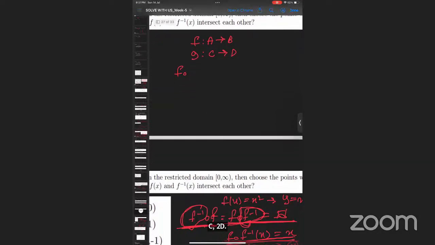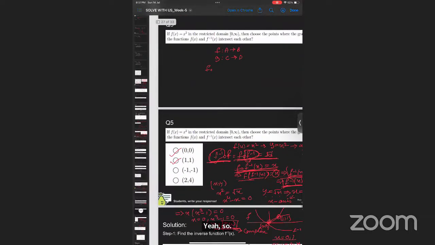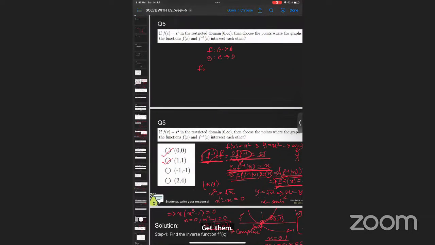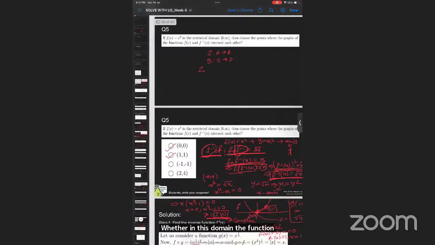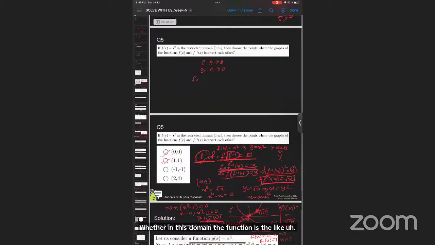You just have to check whether in this domain it is possible to calculate the function or not, because what we know is, if f is a function from A to B, then for every point in A, the functional value or the image of this point should be defined, right?